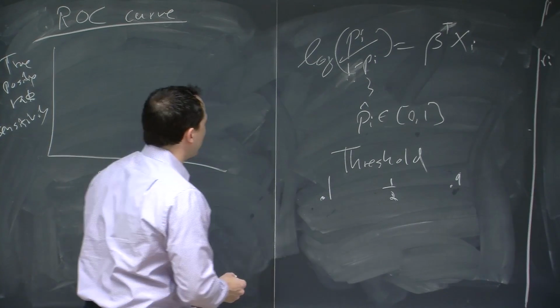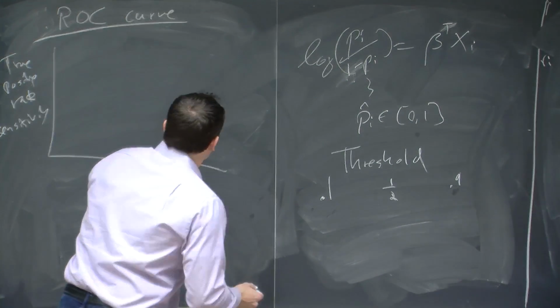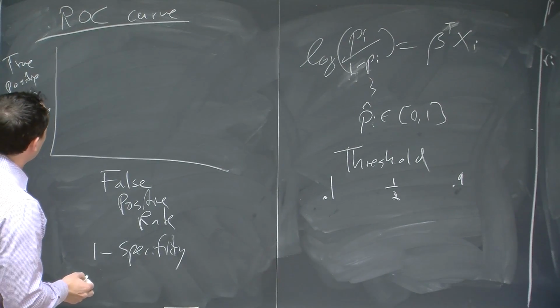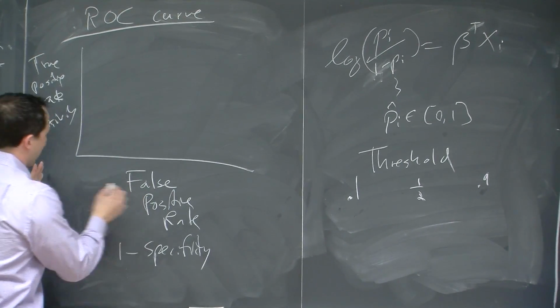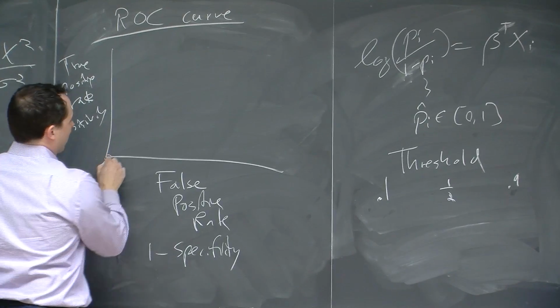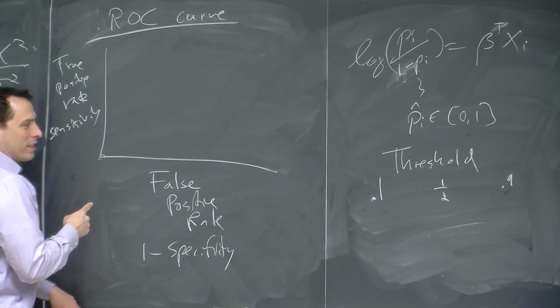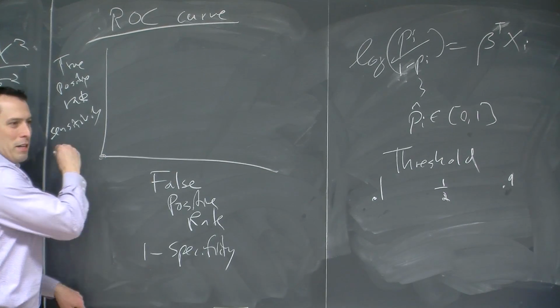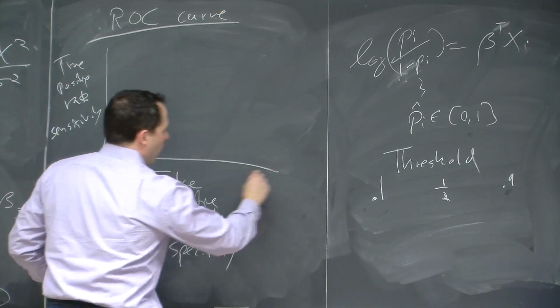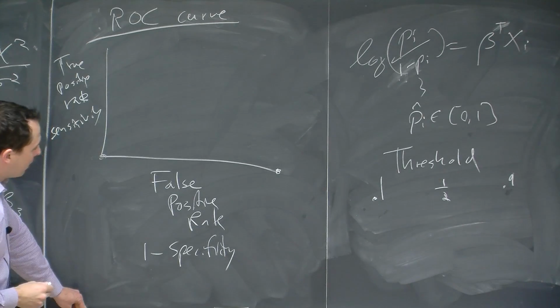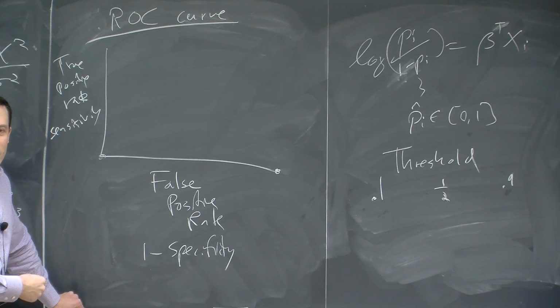So what a receiver operating characteristic curve says is, if I start out at a threshold down here, I get absolutely no false positives because I never scramble the jets. Way out here, I get lots of false positives because I always do it.